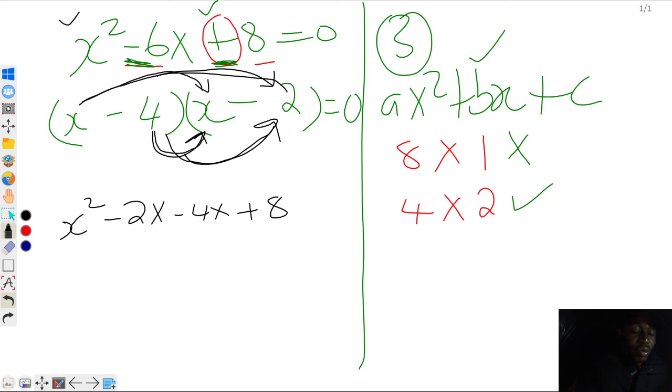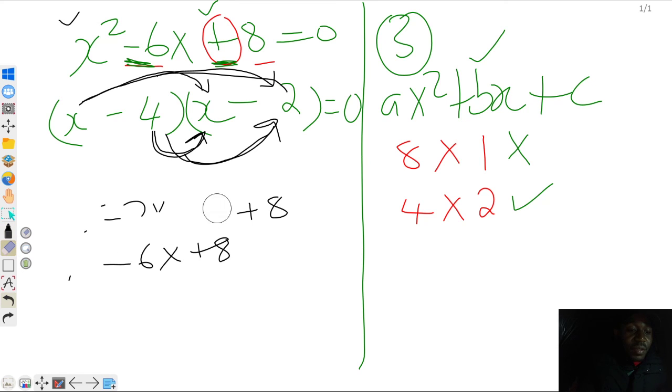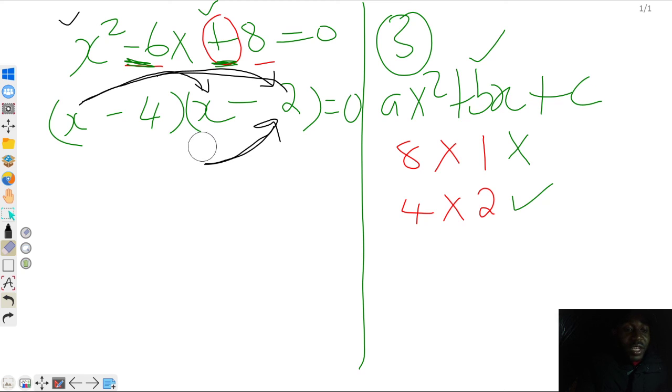So let's add where we have to add: negative 2x and negative 4x give us negative 6x, plus 8. Everything looks perfect. We did everything correctly. So we can proceed. We can be sure that we have done everything well.